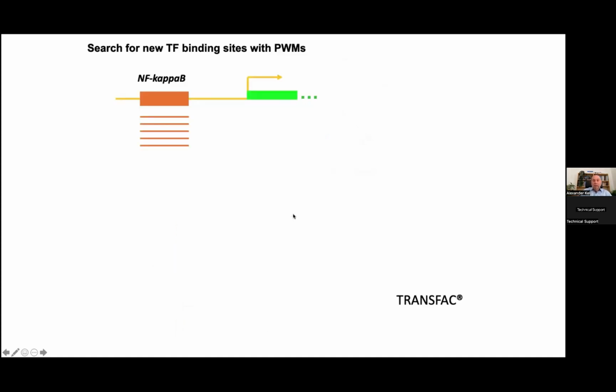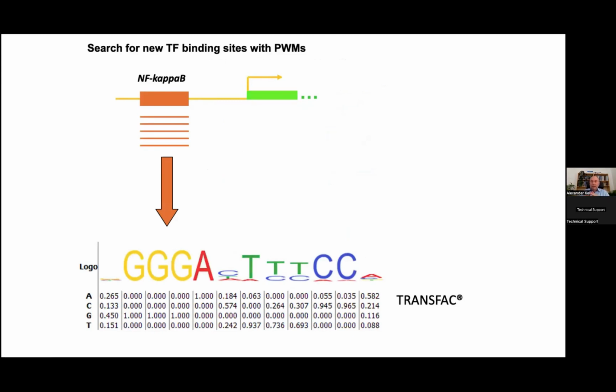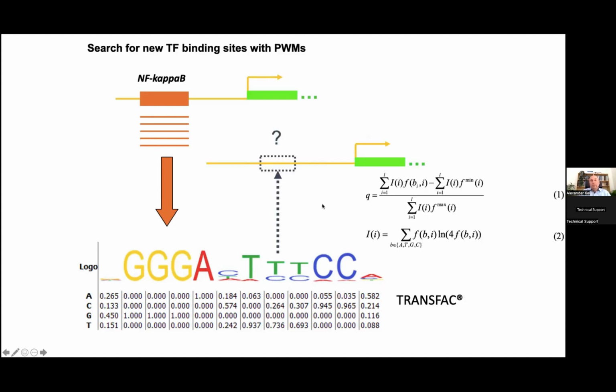So talking about how that happens, it's actually technically very simple. As you know, in TRANSFAC, for instance, we collect so-called motifs, or we call them positional weight matrices, which are presented here as this logo plot. And these motifs are constructed from known binding sites for a given transcription factor, for instance, NF-κB. And then these logos are used to predict new sites in the genome.